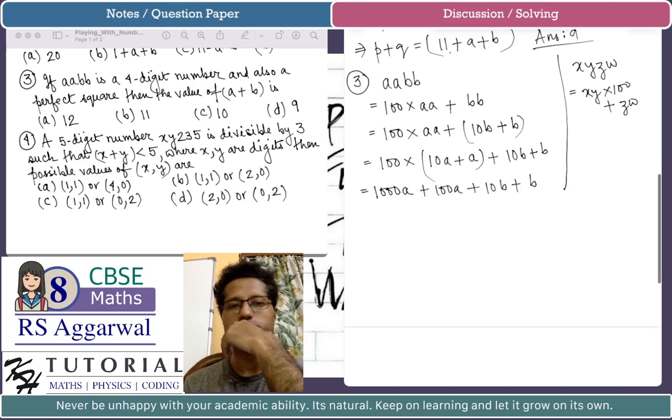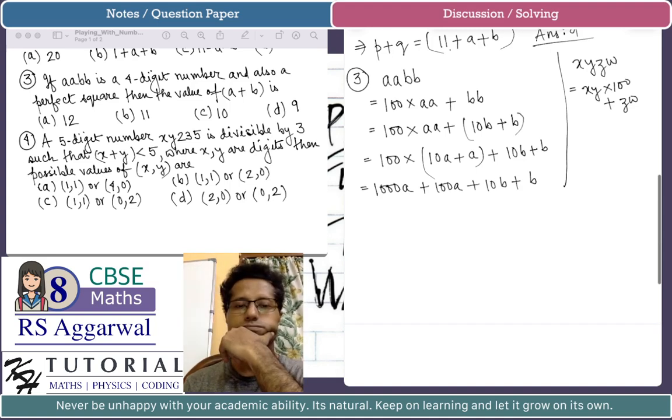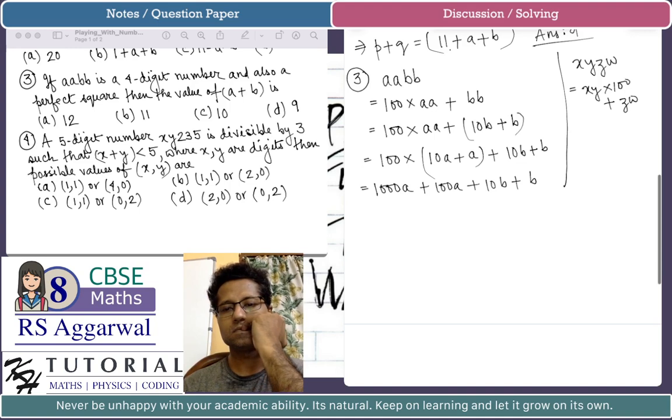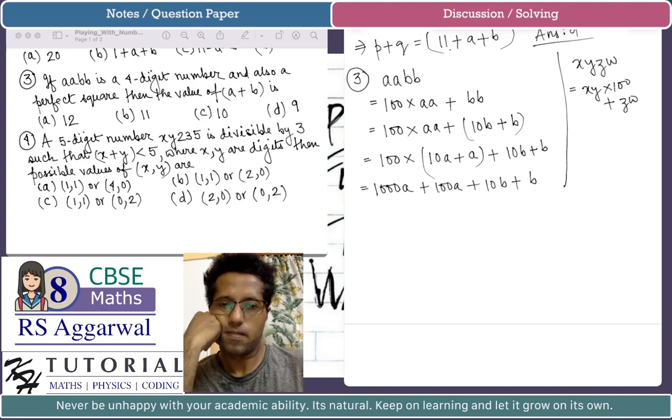Then the value of A plus B is... It's a 4-digit number and a perfect square.